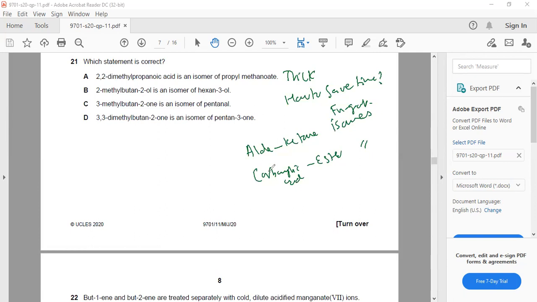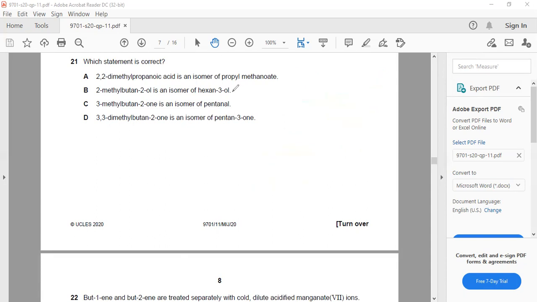Now apply this trick here: check if they have the same number of carbons. Propyl means 3 carbon, methanoate means 1 carbon, so 4 carbon. Carboxylic acid and ester are isomers; this is an ester. 2,2-dimethyl propanoic acid has 5 carbon.